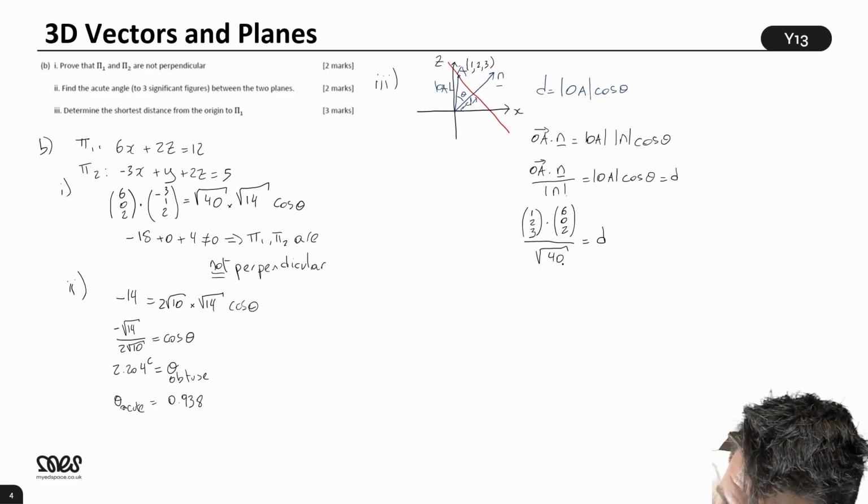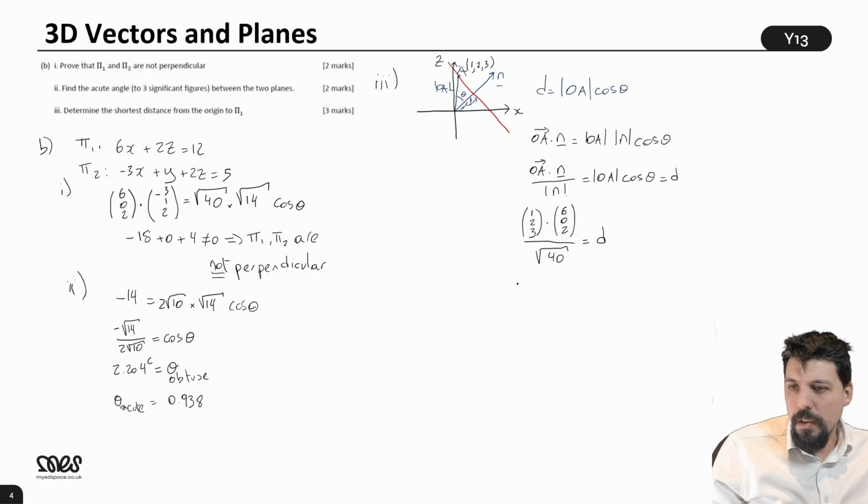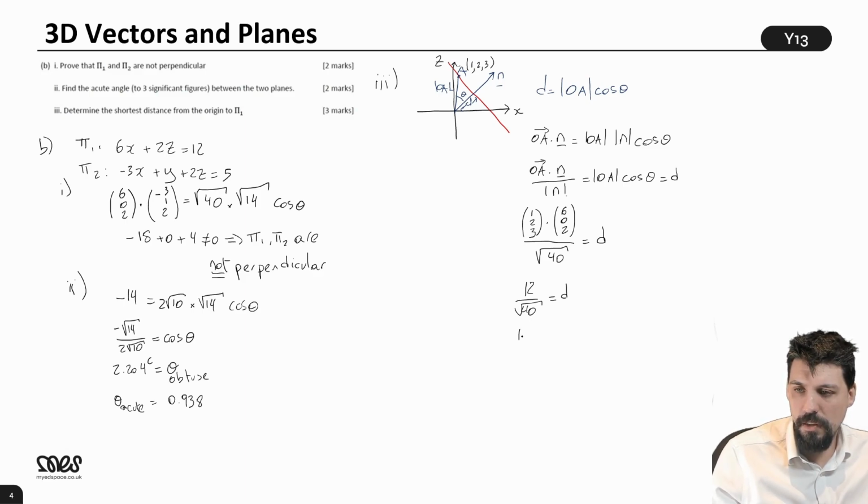Let's double check my numbers. So that gives me 12 over square root of 40 is D. So what does that give me? 12 square root 40 over 40 is D. Root 40 is 2 root 10, so I can divide the top and bottom by 4, then by 8 to get 3.